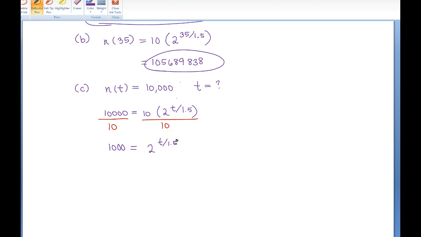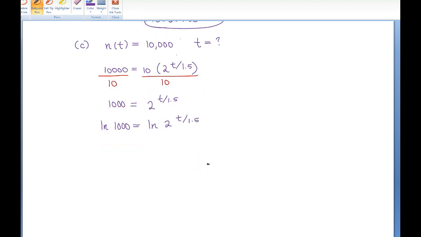So if you remember when we were talking about earlier, you need to take ln of both sides to get the exponent moved, because whenever we have a variable in the exponent, we want to move this to the front.